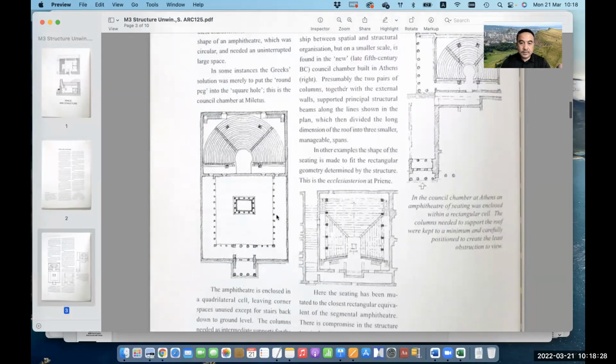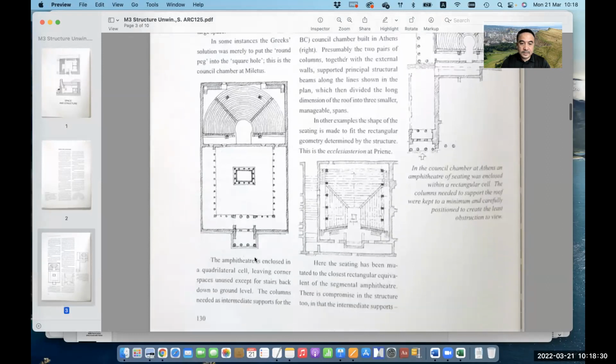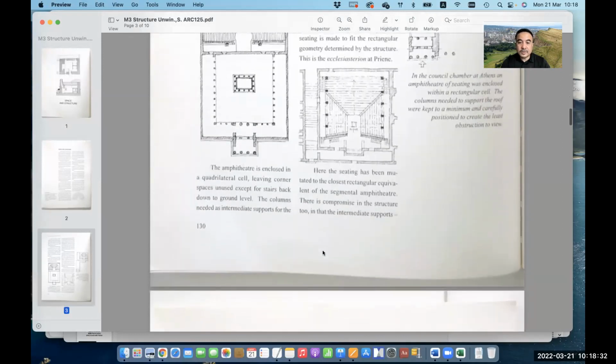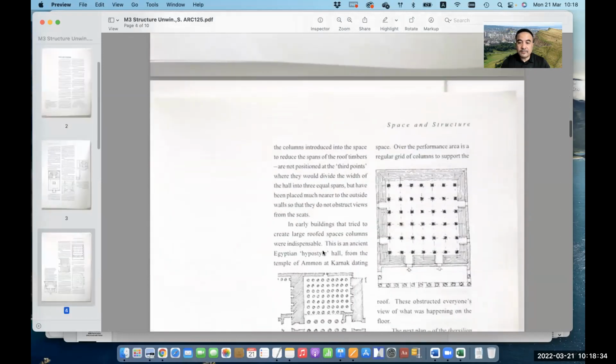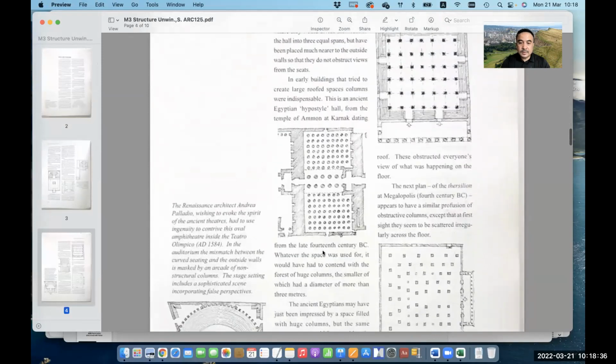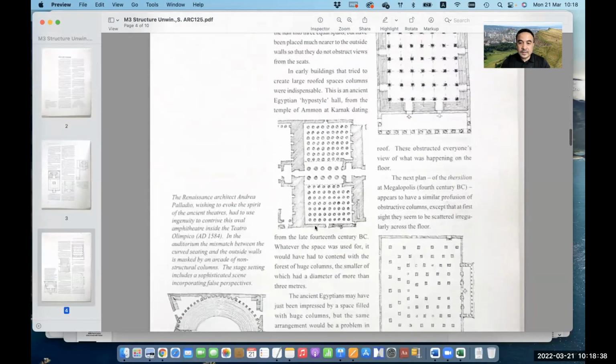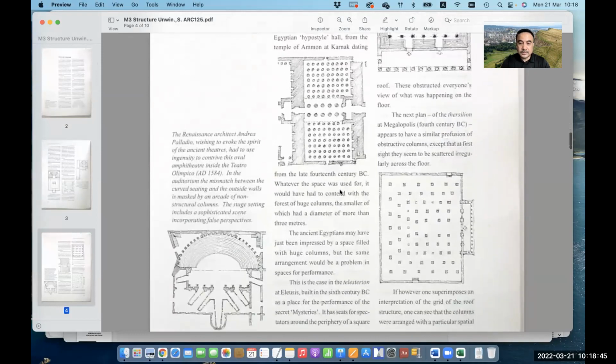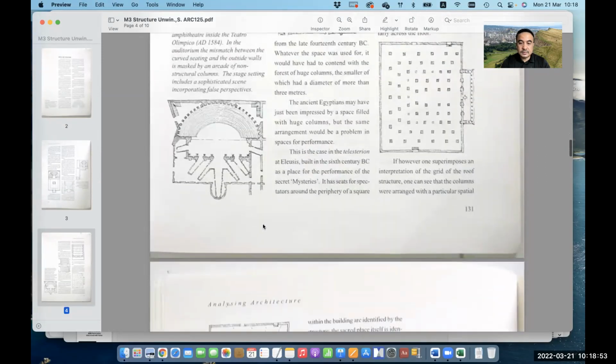They explain about the amphitheater and the limit of the Greeks in the way they built amphitheaters. If you want a larger space in Egyptian architecture, the hypostyle hall, the hall of 100 columns, you have a large building, but you do not have a large clear space inside.